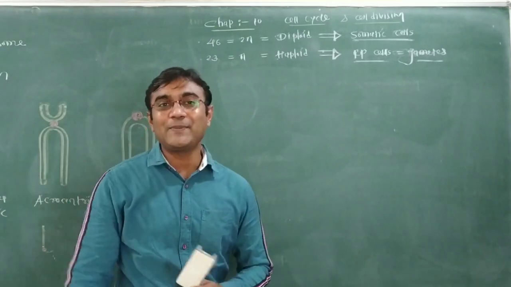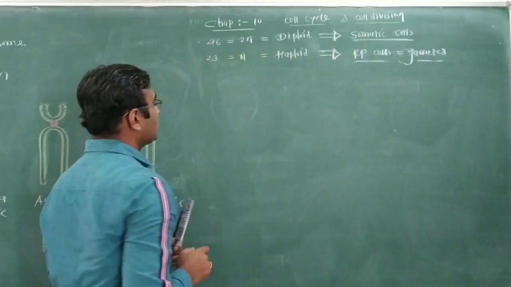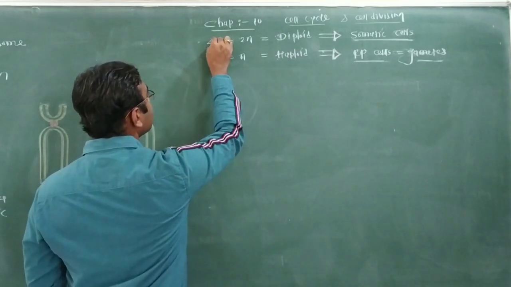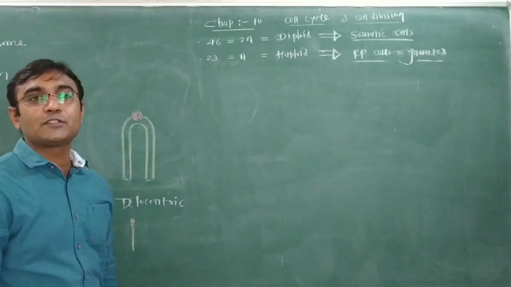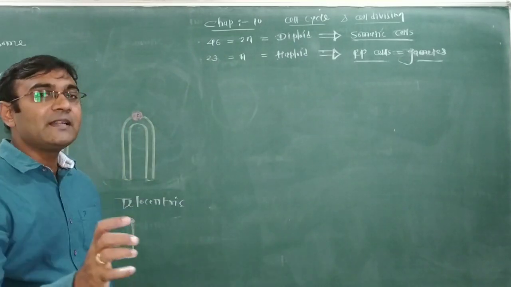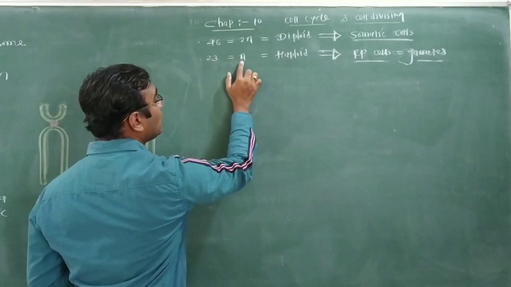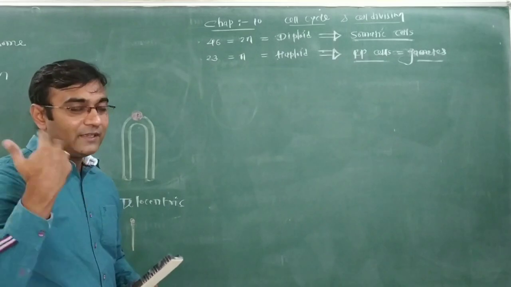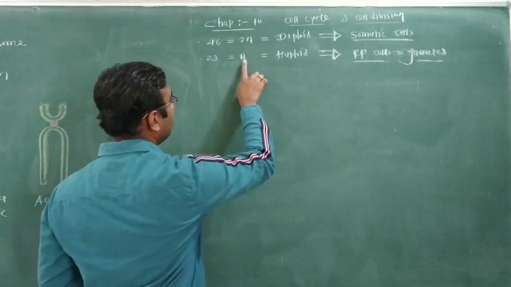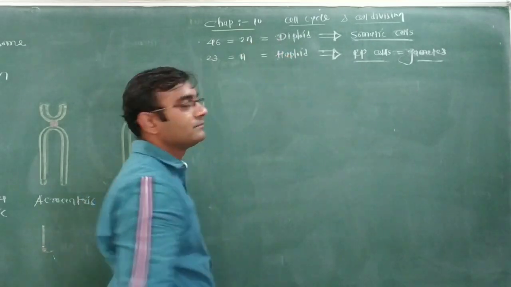Now each has a specific number of chromosomes. Our somatic cell has 46 chromosomes, and the reproductive cell has half, that is 23. Symbolically, 23 is equal to n, so 46 is equal to 2n. In biological terms, n means the haploid number of chromosomes and 2n means the diploid number.